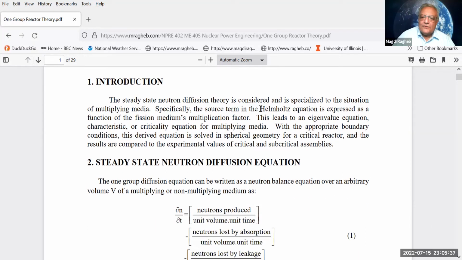Again, we are going to consider the Helmholtz equation, the steady state solution that we used for the case of non-multiplying media, except that we notice that the analogy to the simple harmonic oscillator has on the right-hand side of the equation a negative sign rather than the positive sign that we got in the previous case of a non-multiplying medium.